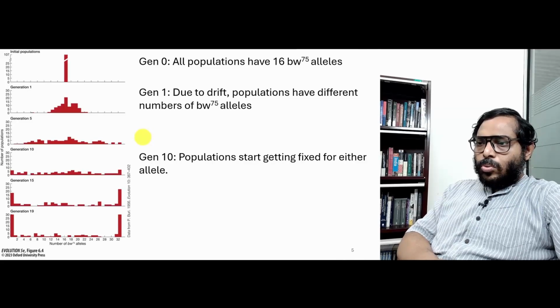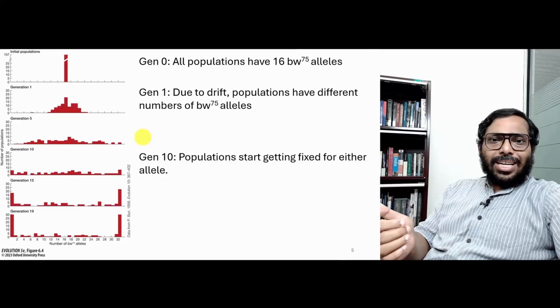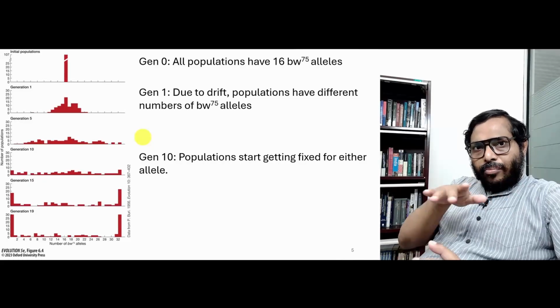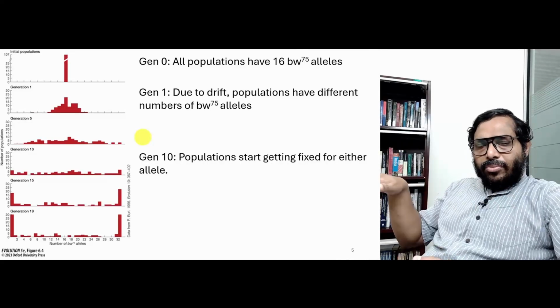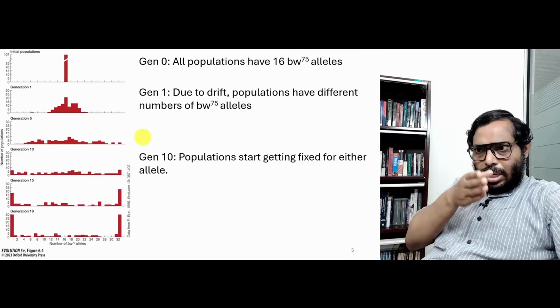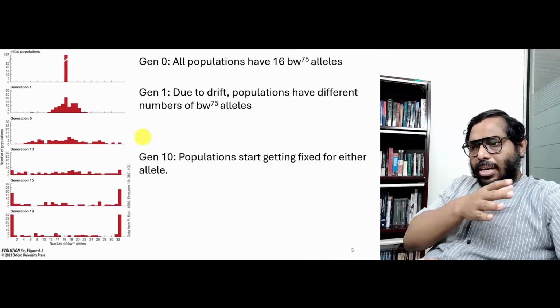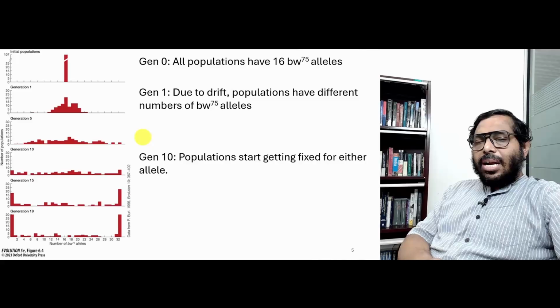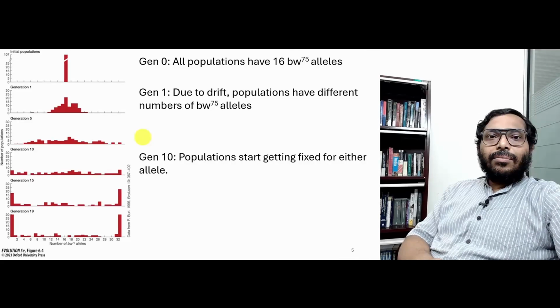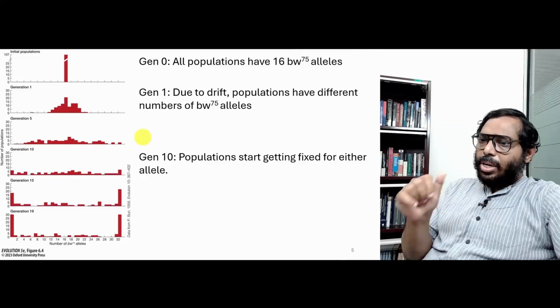You go to generation 5, you go to generation 10, now you can see that the number of BW75 alleles in the population is varying a lot, which is why you are seeing the histograms getting spread out, and generation 10 is when the populations start getting fixed for either the BW allele or the BW75 allele.